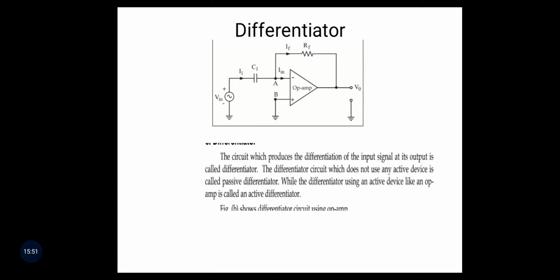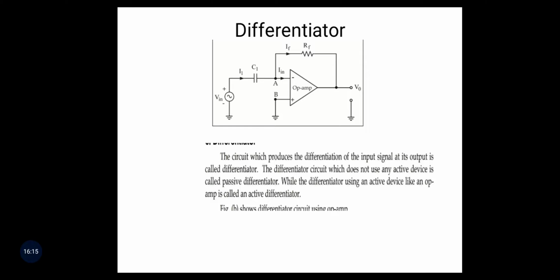Here A and B are the terminals. B is virtually grounded, and because B is grounded, A is also grounded. So A and B have potential 0, and the output voltage is V0.